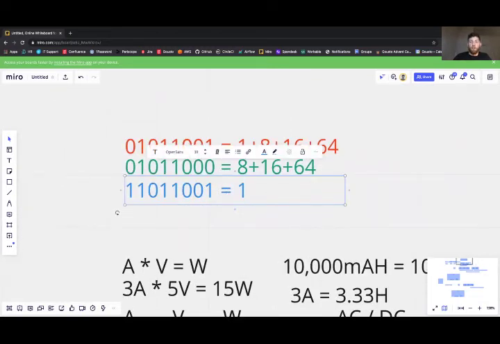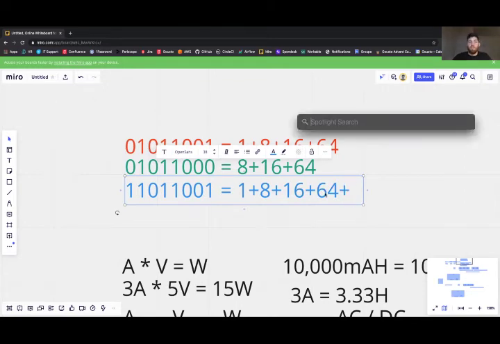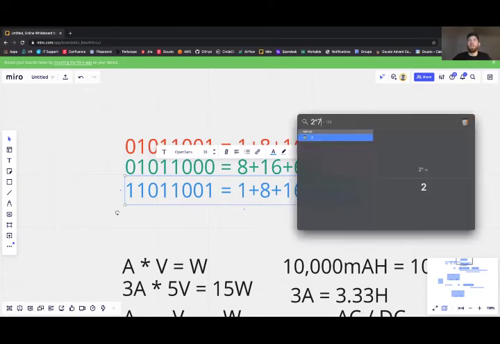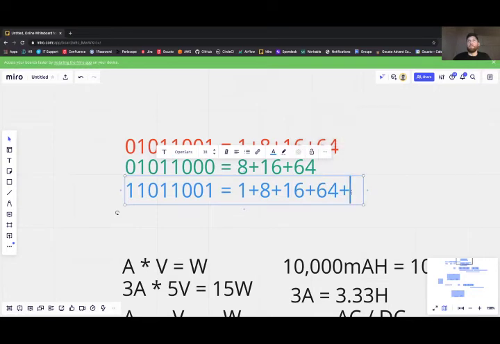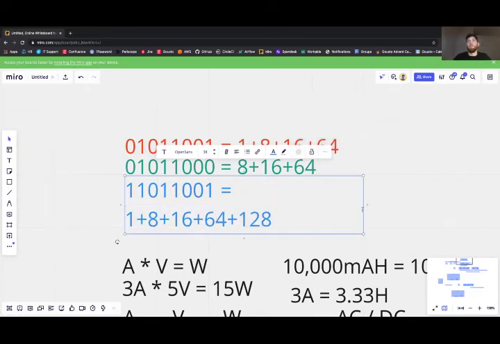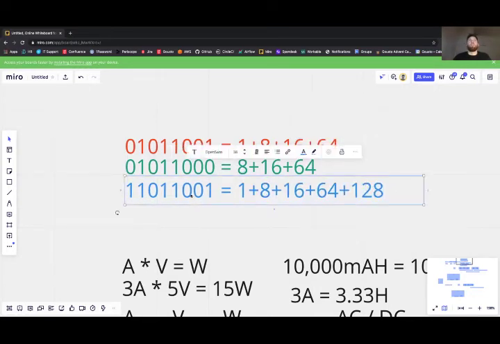So 1 plus 8 plus 16 plus 64 plus 2 to the 7th is 128. Okay, now let's just, for the sake of argument, figure out what the maximum possible value of a byte could be.